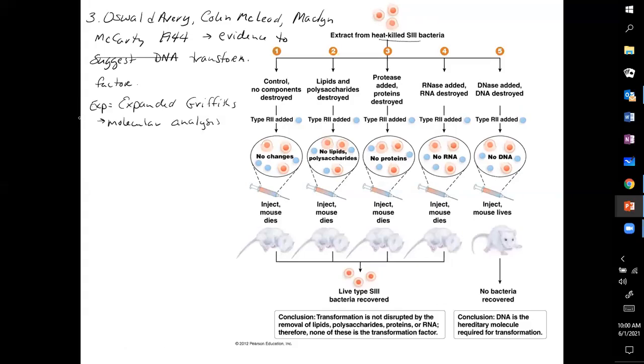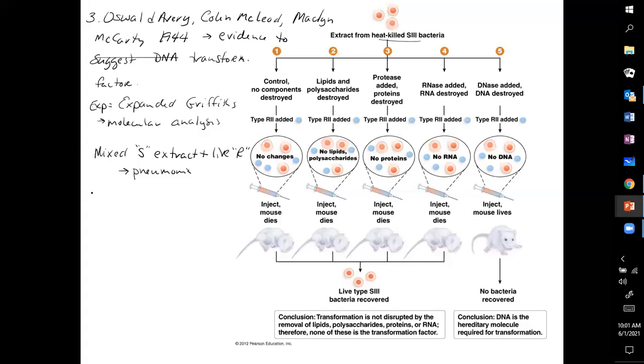So when they mixed the S strain extract, and so this means busting open the cells and releasing the molecules, when they mixed molecules of S with live R, they found that the mice died. It caused pneumonia. So you didn't need to have the physical dead cells. You could just have the molecules from inside S and they would transform the R bacteria.